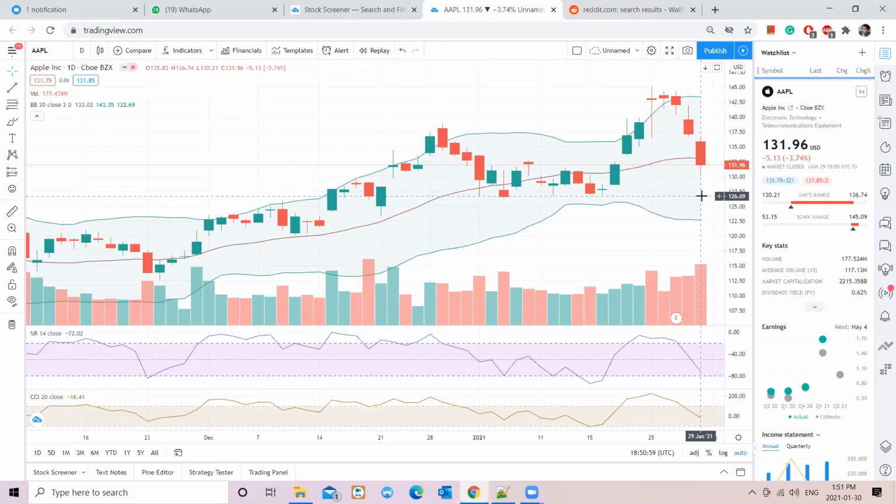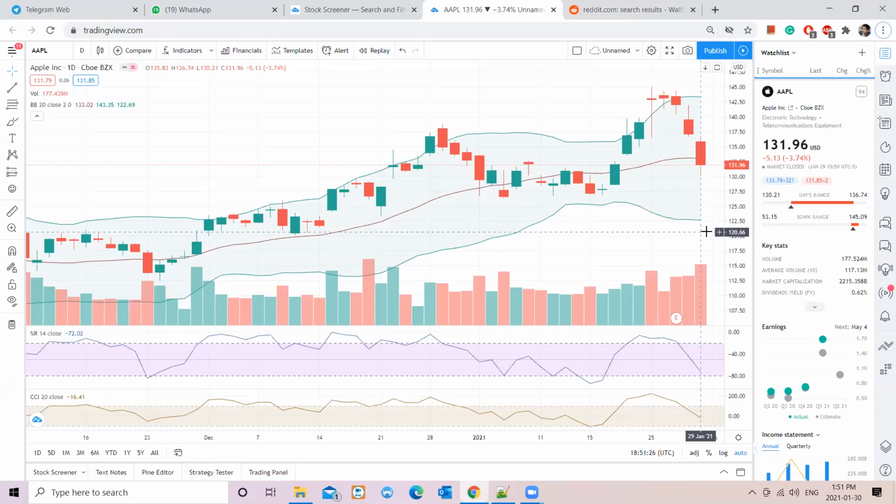So I would say I would enter this stock at about 127 if I really want to get it filled, with a stop of 121. Yeah. Lower down. Lower.